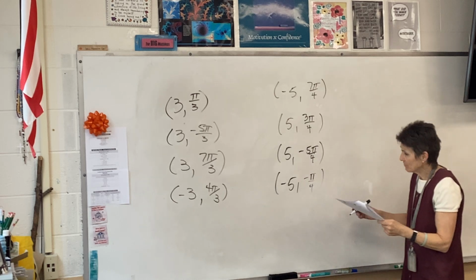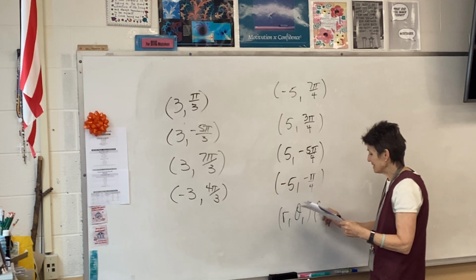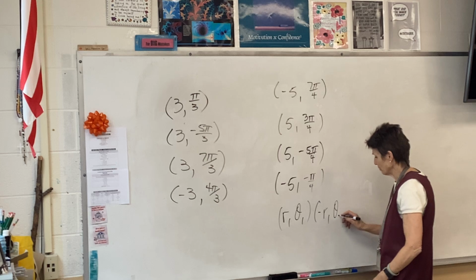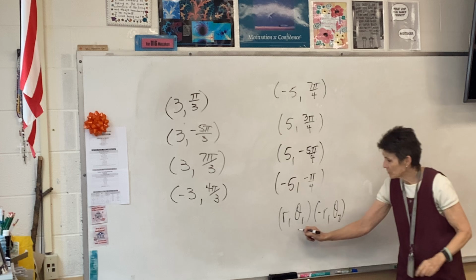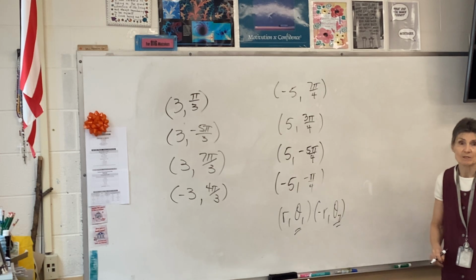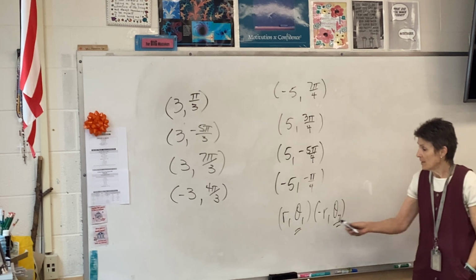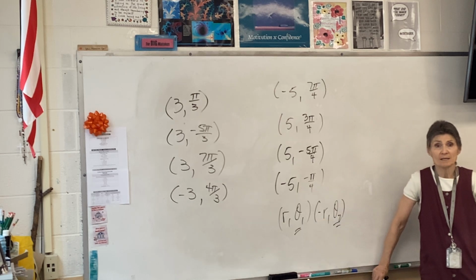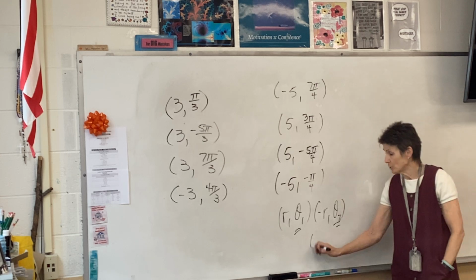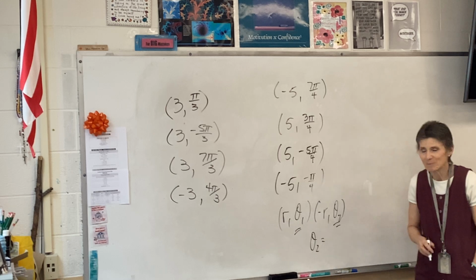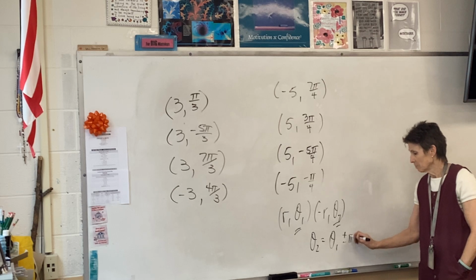All right, if I have 2 points, r comma theta sub 1 and negative r comma theta sub 2, and they have the same location, what must be true of these 2 angles? If I'm changing the sign on r, then these 2 angles must be pi apart. So in other words, theta sub 2 equals theta sub 1 plus or minus pi.